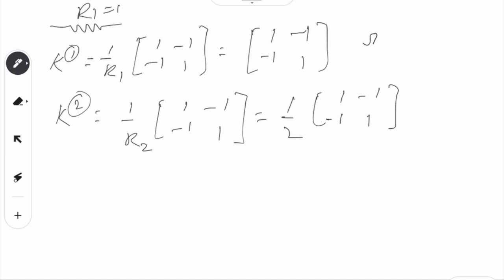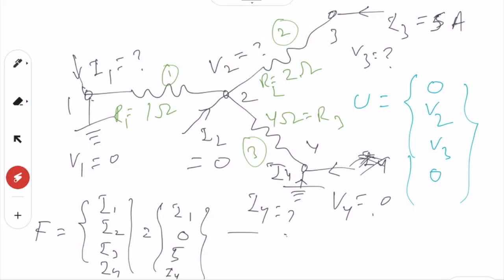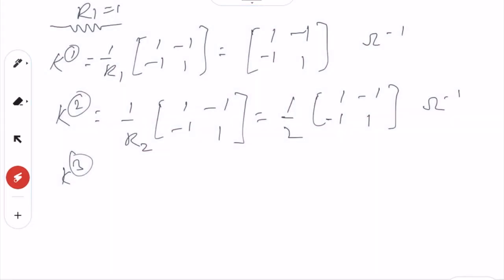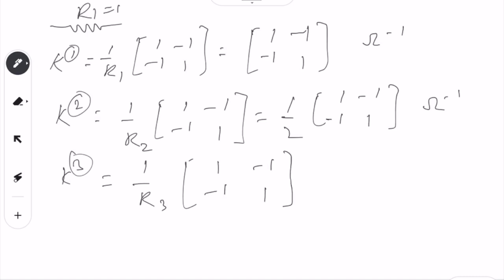Of course this is per ohm. Then K3 has 4 ohms, so the stiffness matrix will be 1 over R3 times [1 -1; -1 1], which is 1 over 4 times [1 -1; -1 1]. Then we have to combine them together.